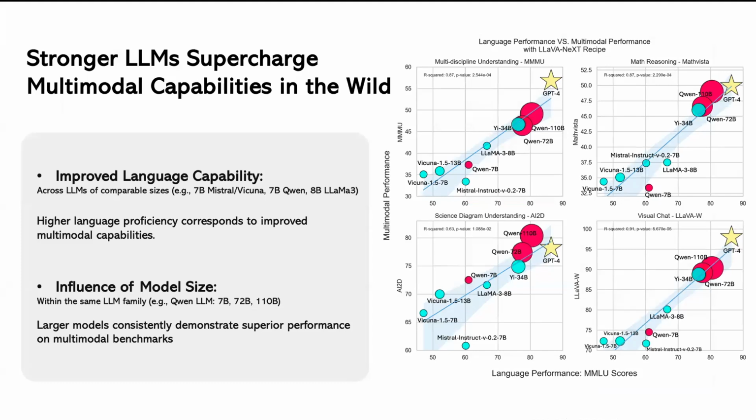It means that as long as we have a stronger LLM, whether it's stronger capability with a similar model size or just a larger model that gives us stronger language capability, then you can use the Llama Next training recipe. Then you can quickly convert this language model into a multimodal model using the recipes that we provide.